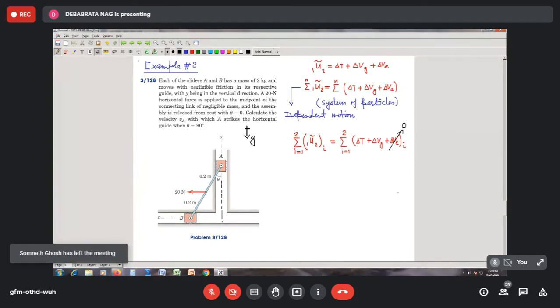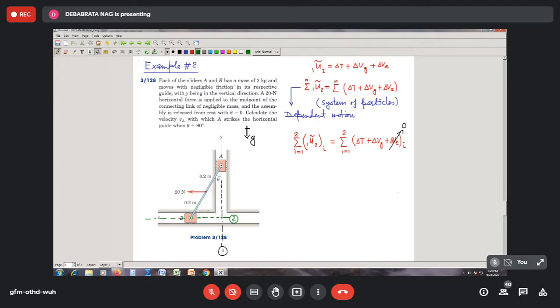So this represents my first state, state 1. Let me draw the second state with a green color so you can understand: this would be the second position, and we call this state 2. In between them, I am writing this equation.